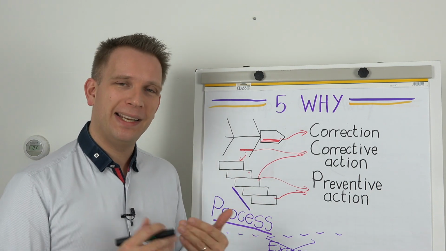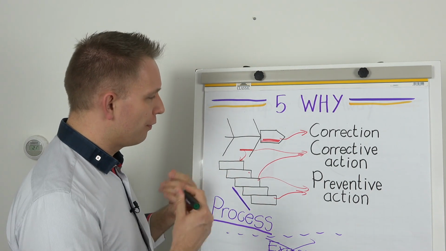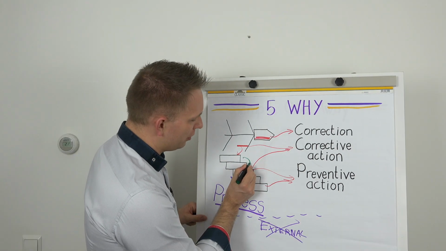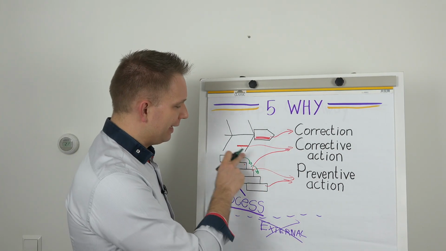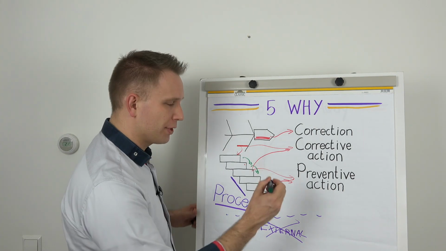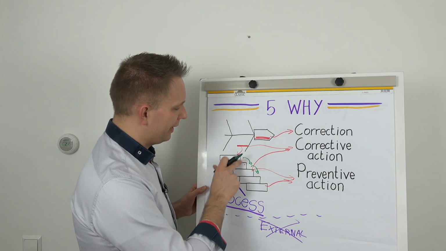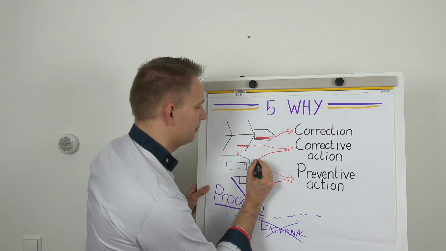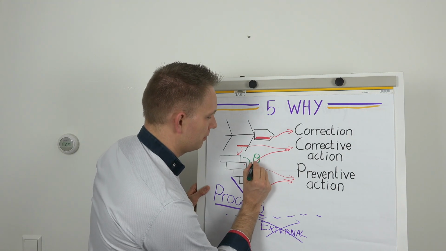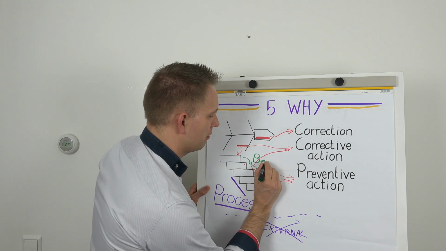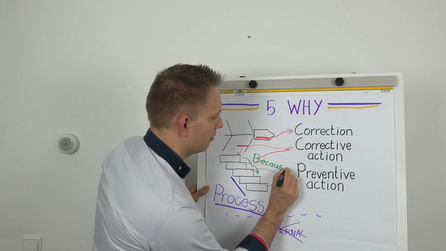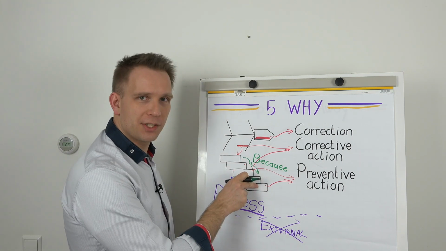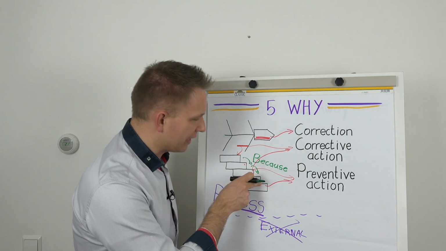But the basic thing, and here also it's a nice way to just think about it, is when you go down, you all the time say, it's because something else happened. So why did this happen? Well, because of the next reason, because of the next reason.